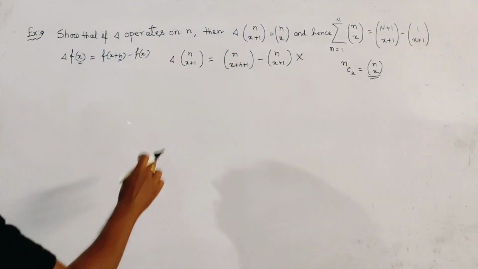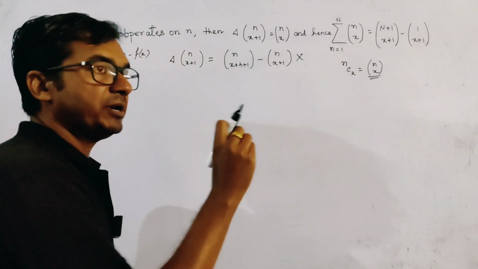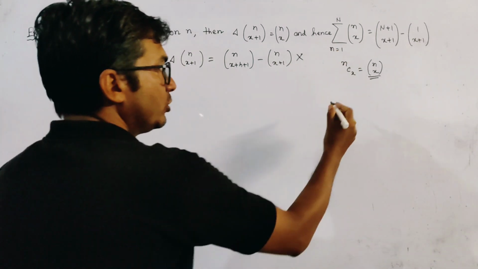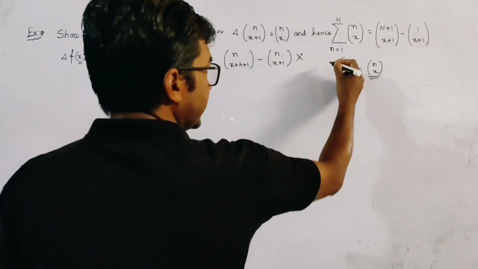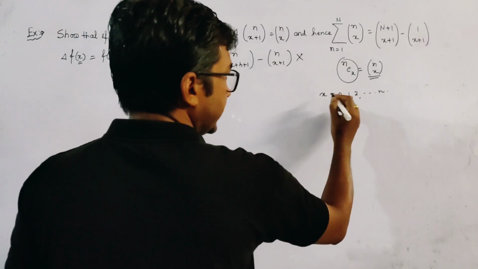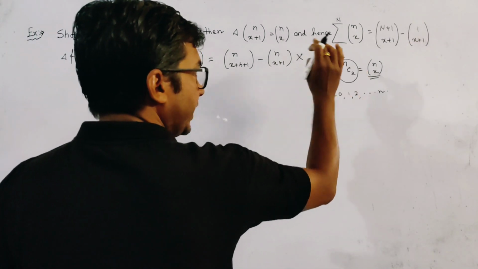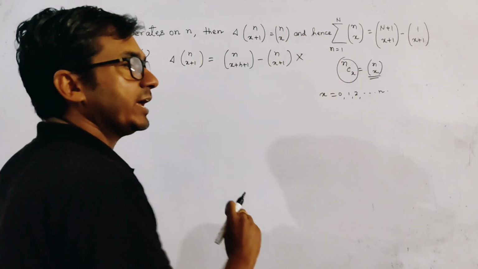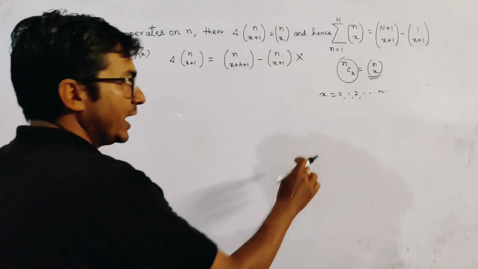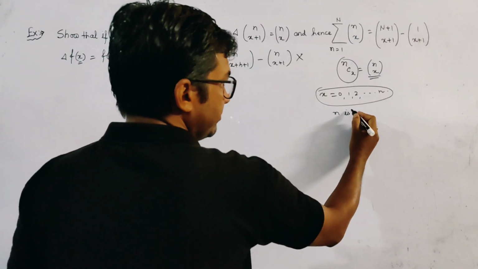Why wrong? Because in nCx, x is not the independent variable. We know that in nCx, x varies from 0, 1, 2 to n, which depends on n. If we change the value of n, then the value of nCx changes, so n is the independent variable.